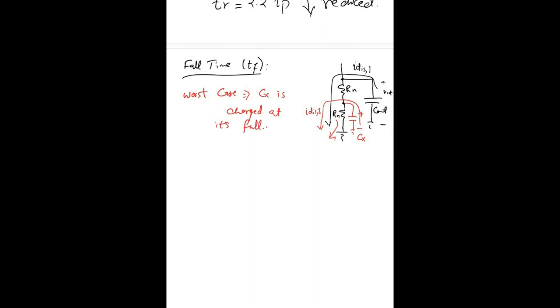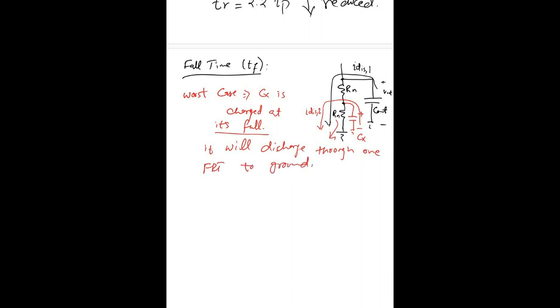When our Cx is charged, that would obviously be a worst case, because it will discharge through one FET to ground. Because it is fully charged, it will discharge through one FET to ground.